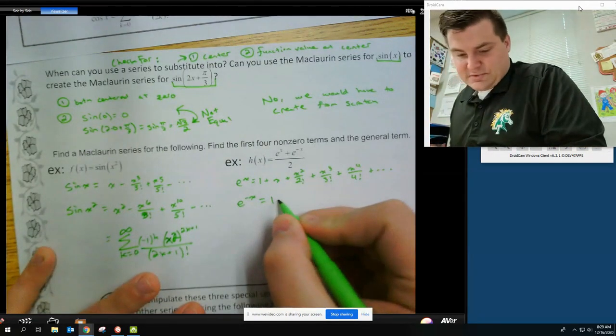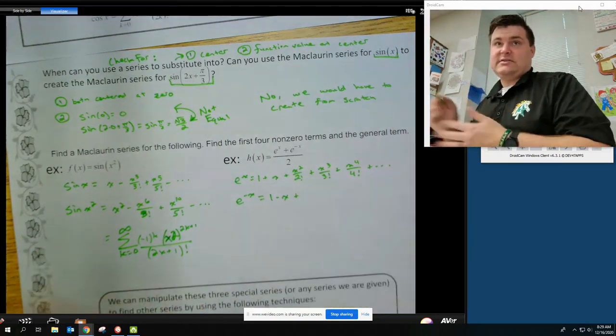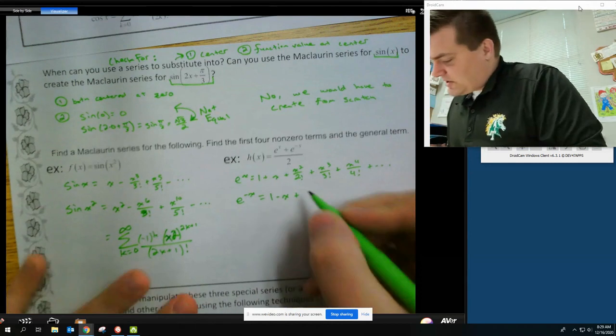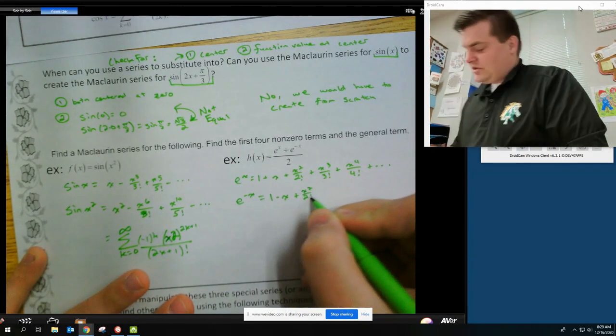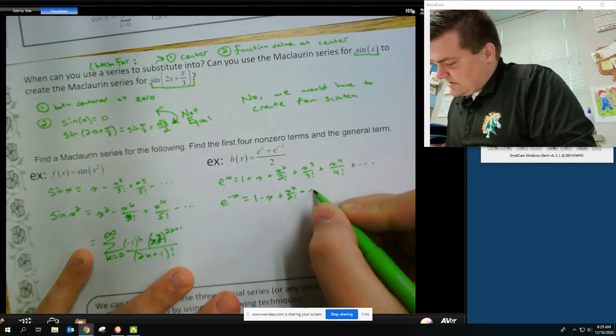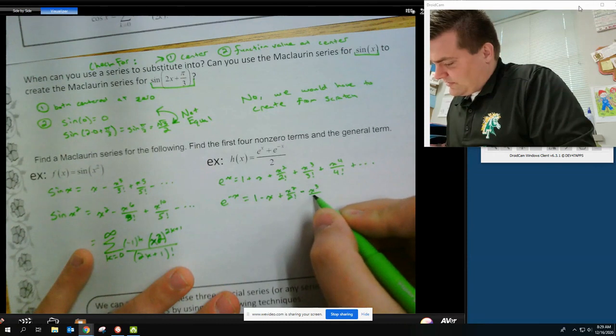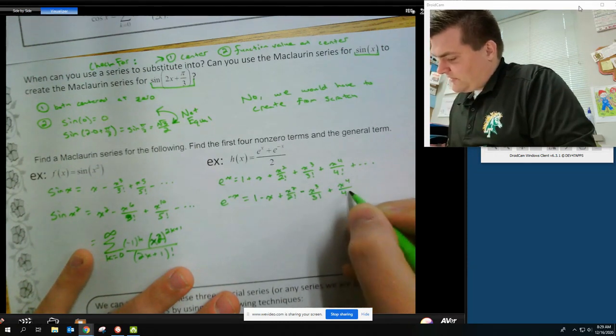Do the same thing, except we do minus x. This one's plus because the negative x squared would change that into a positive. This can become minus x to the third over 3 factorial plus x to the fourth over 4 factorial.